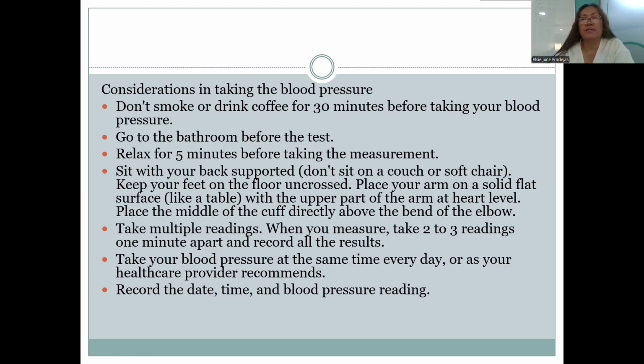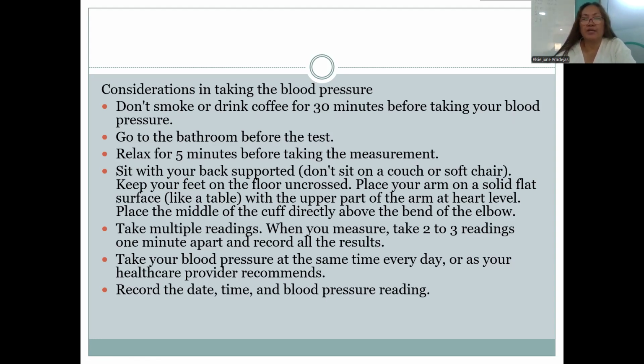Place your arm on a solid flat surface like a table, with the upper part of the arm at heart level. Then place the middle of the cuff directly above the bend of your elbow. So this is the bend of your elbow. You wrap your cuff here, and you have to measure with 2 fingers. If they can go through, it means it's not too tight or loose.